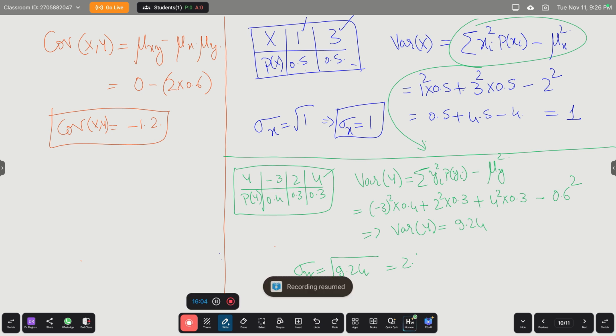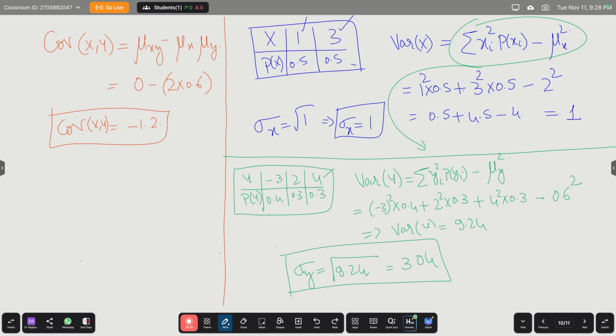Let me calculate it. The square root of 9.24 is 3.04. Right. So we have got the sigma x value, the sigma y value, and also the covariance.